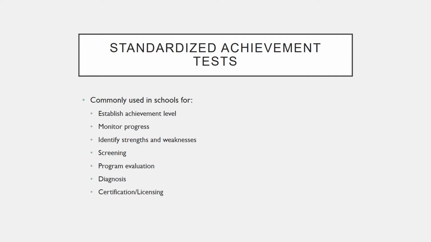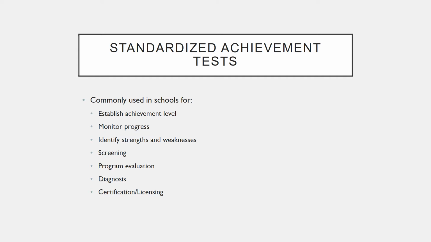And so you can do a lot of different things with these tests. You can look at them overall to establish achievement level or monitor progress, identify strengths or weaknesses for students, but you can also create cutoff scores that would be used for screening for grade levels or ability levels or the need for special services, for diagnosis, a pass-fail in terms of licensure certification.